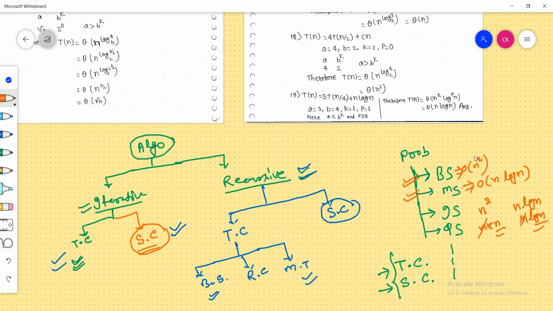So n square is greater. If this is not clear yet, no problem, we will discuss how to compare two algorithms. So this takes a larger amount of time and this takes a smaller amount of time.